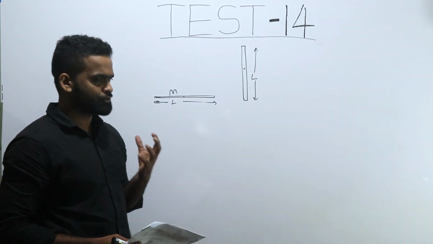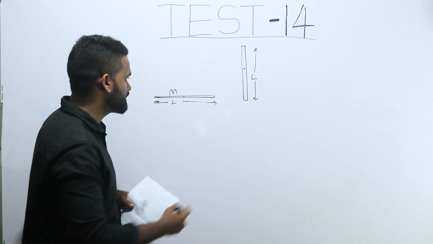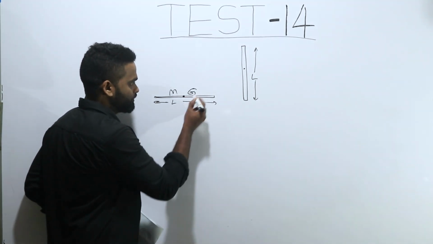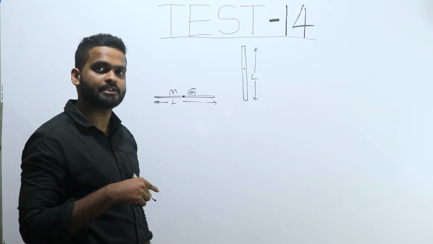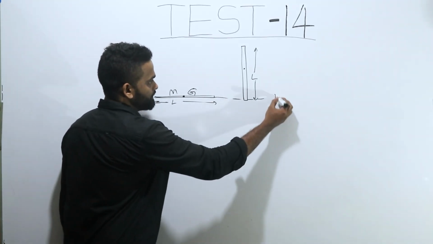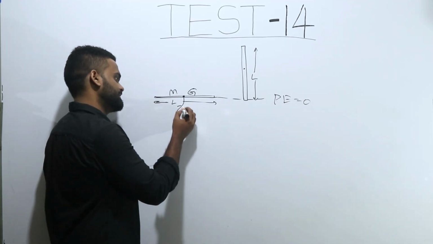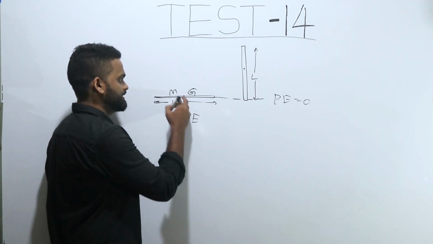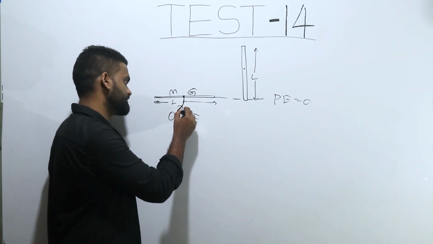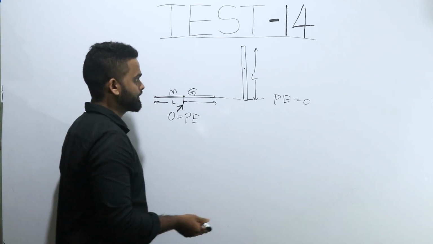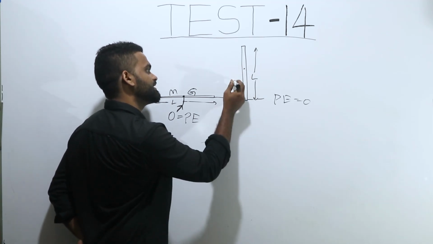So we should know that when you compare these two, what's the difference? The easiest way to solve this is think about the gravity centers of the ladder in each orientation. If we consider this to be the P equals 0 level, we can consider that potential energy of the ladder at this arrangement is 0. And in this one, center of gravity has moved this much of a distance.